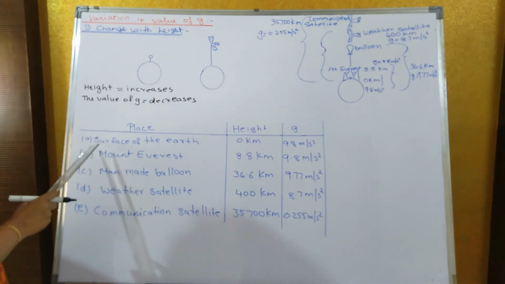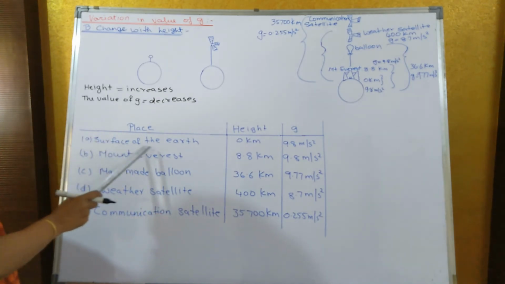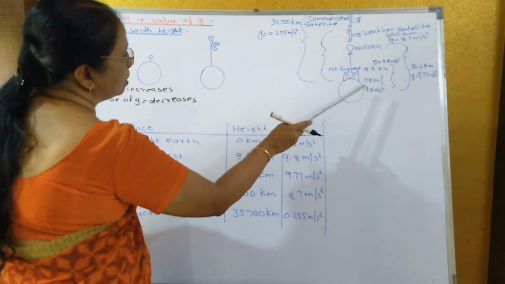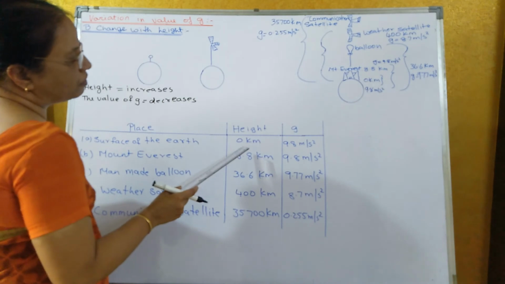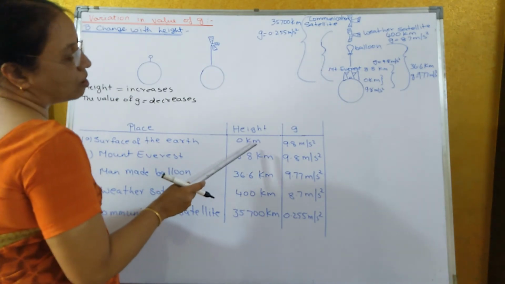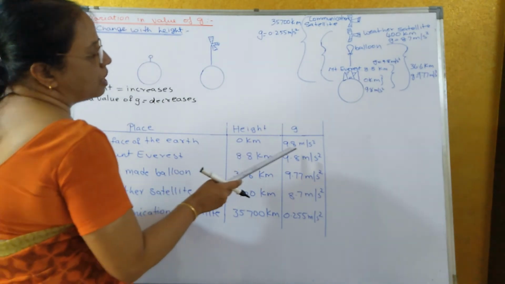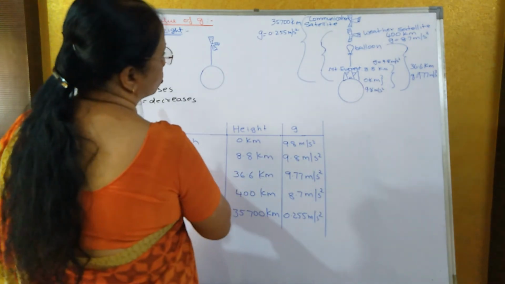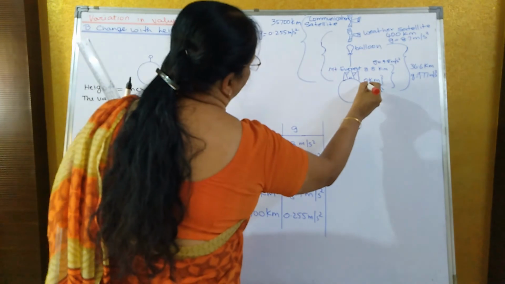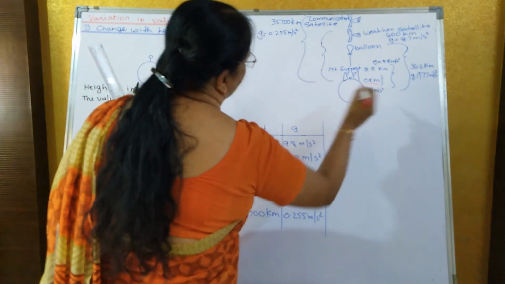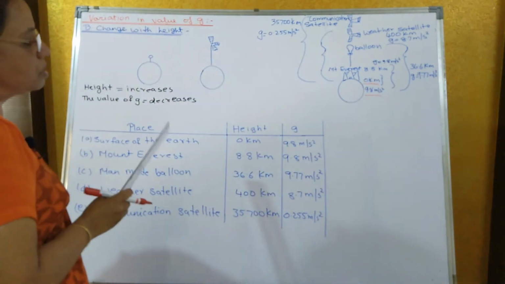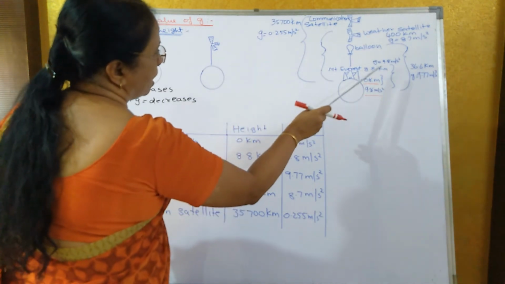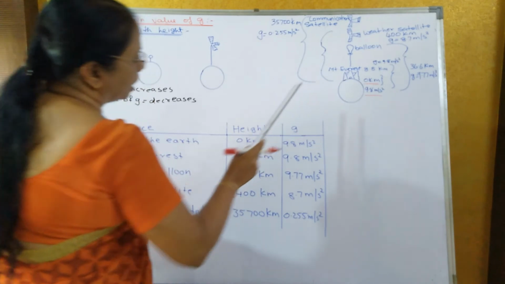Now for example, if an object is on the surface of the earth, that is at 0 kilometer height, then g is how much? 9.8 meter per second square. Now consider Mount Everest, at a height of 8.8 kilometer.